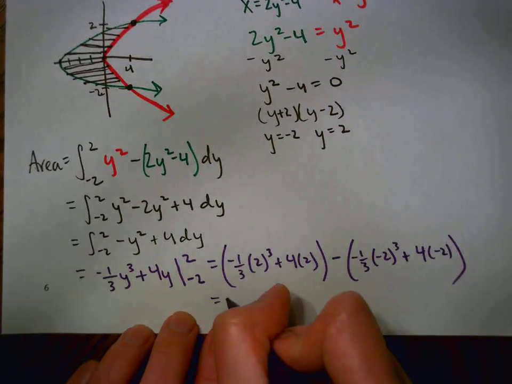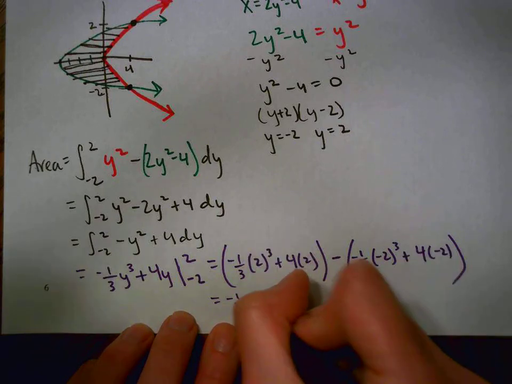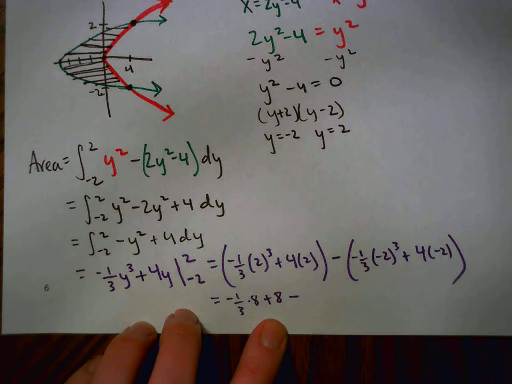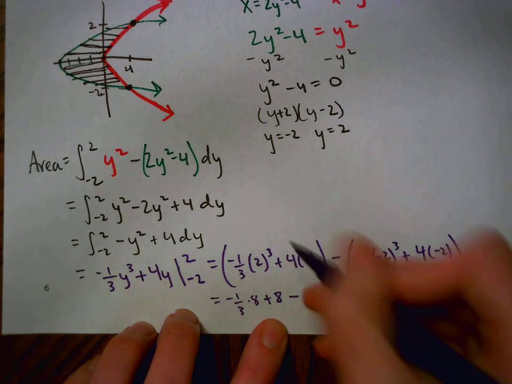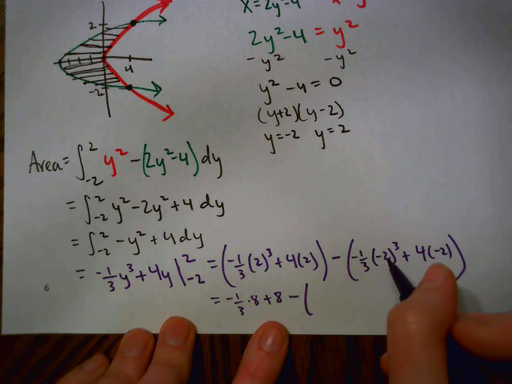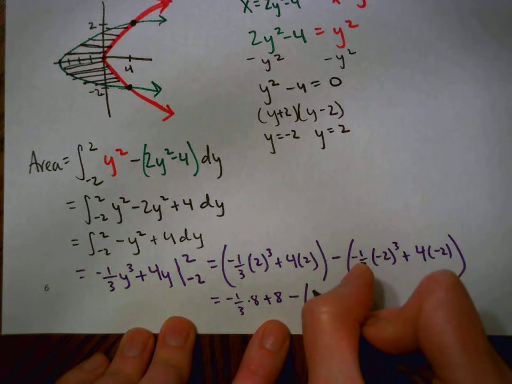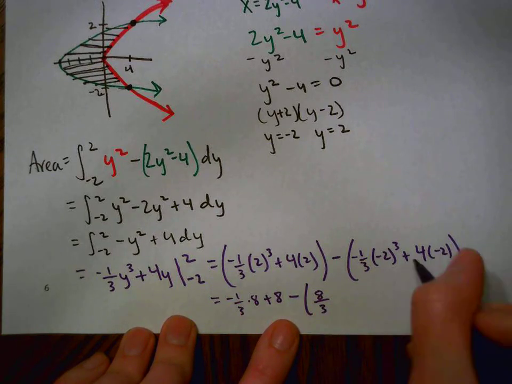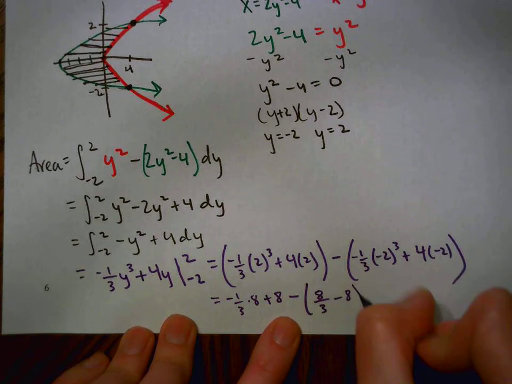So that would be -1/3 times 8 plus 8 minus, I'm going to go ahead and clean this up before I distribute, so I'm still going to put my parentheses. -2 cubed is still -8 times -1/3, so that becomes +8/3. And then 4 times -2 is -8.